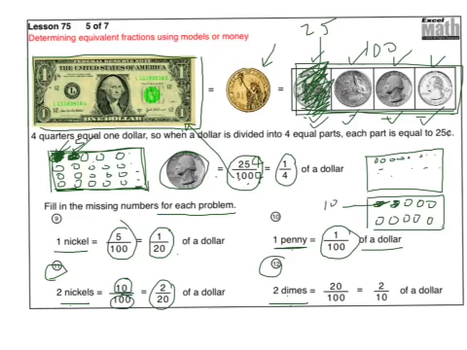There's 10 cents, and there's another 10 cents, and the whole thing is 100 cents. So we'd say that those 2 dimes are 20 out of 100 cents, or 2 out of the 10 that makes a dollar, 2/10ths of the dimes. 1, 2 out of 1, 2, 3, 4, 5, 6, 7, 8, 9, 10. 2/10ths of a dollar.